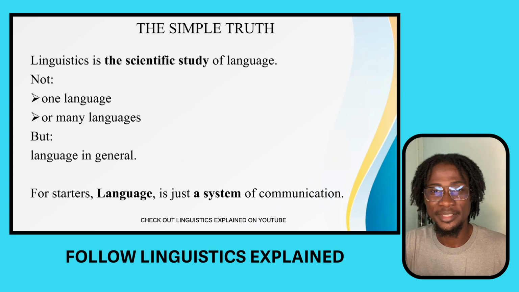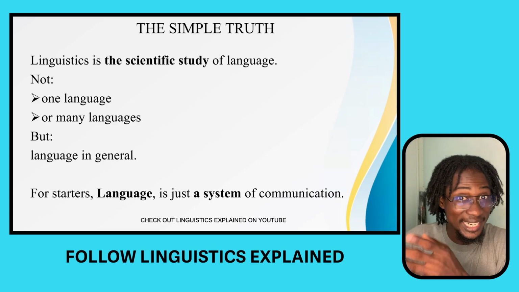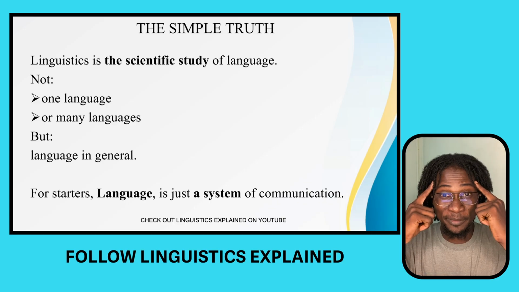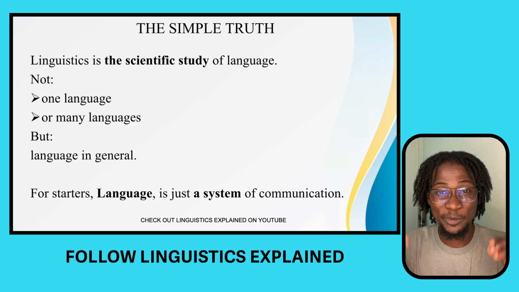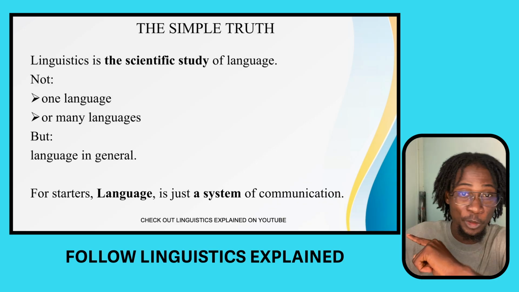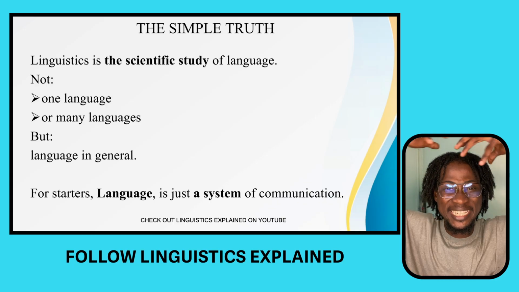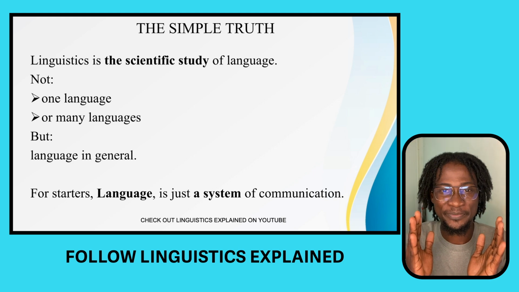So we have verbal language and then we have sign language. So keep that at the back of your mind. When we mention language in linguistics, we do not mean English, French, Chinese, or whatsoever. We mean the means of communication, the medium of communication.